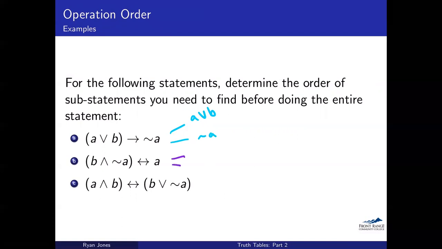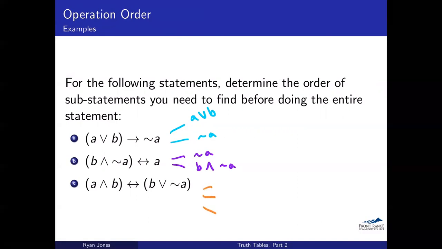Here, I need a not A. I also need a B and that not A. Once I have those, I can just do an if and only if with A, and I'm golden. And then lastly, this one's the doozy.